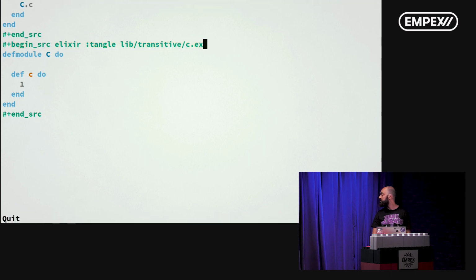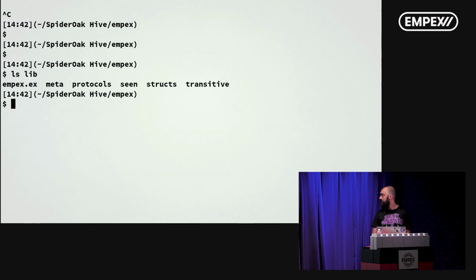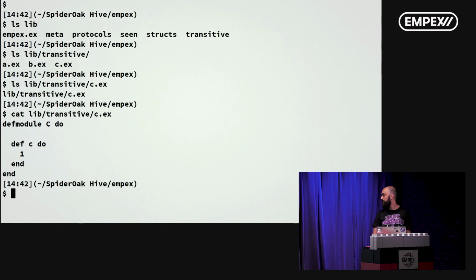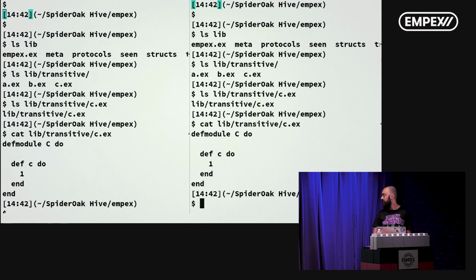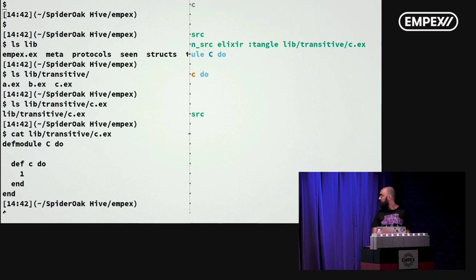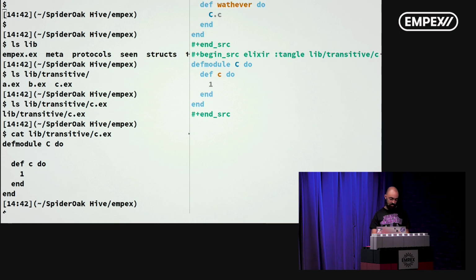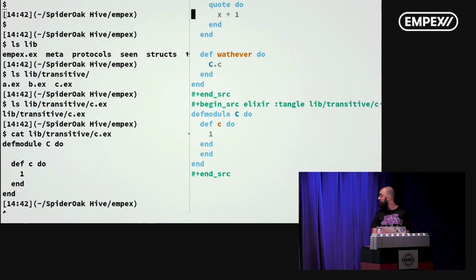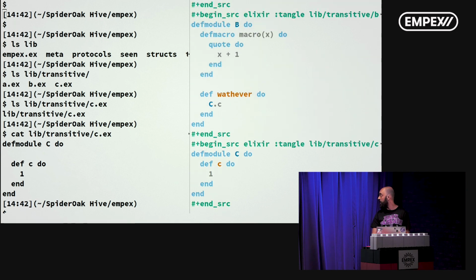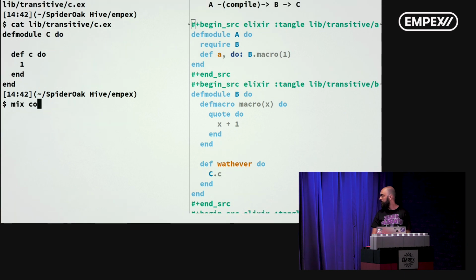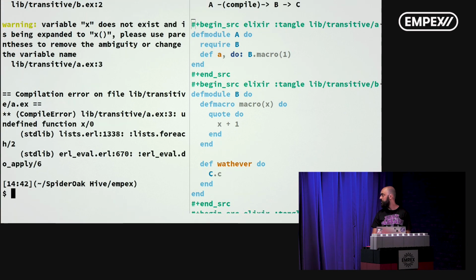Transitive. Lib transitive. C. Okay, the code is there. Why is it not working? My change is there. Maybe? No, there's no need to require C and B. I need to require... Oh, the thing is compiling, right? Oh, it's not. That's why.